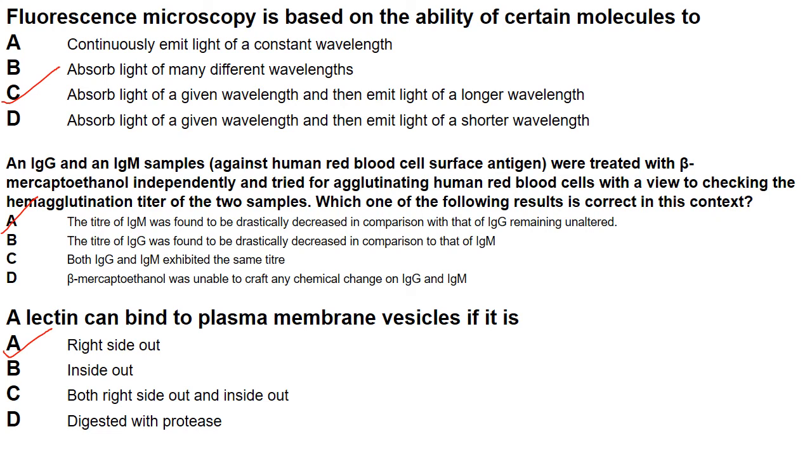Now IgG and IgM samples, they were treated with mercaptoethanol independently, and then tried for agglutination of human red blood cells to check hemagglutination titer. Now out of this, what is the correct option?